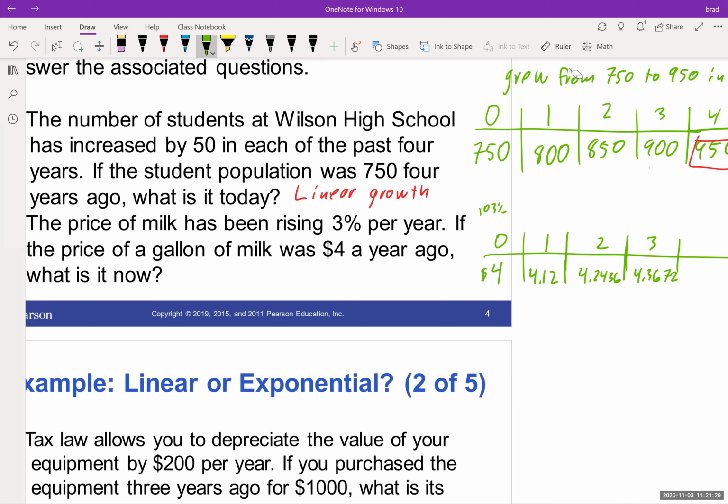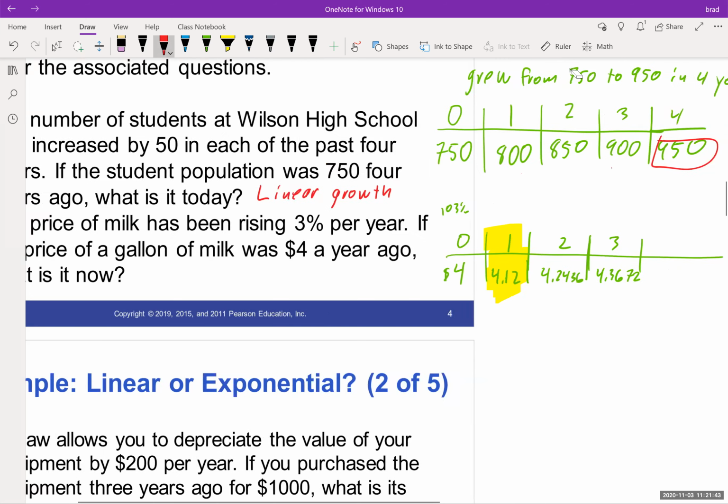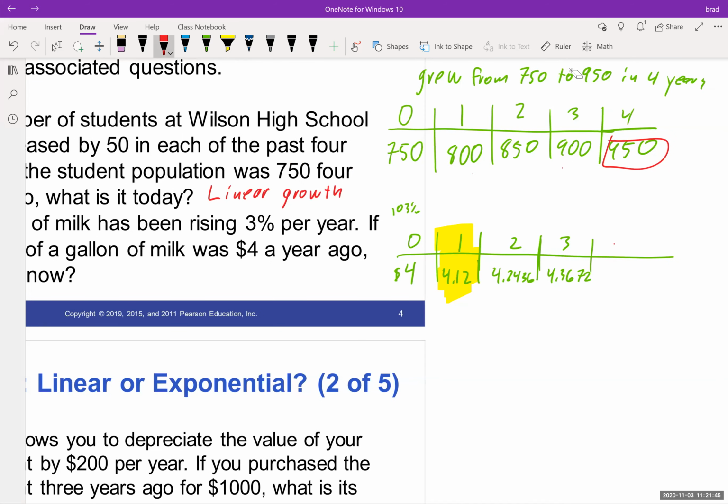Okay, so this is showing right here. And then if I did the next year, the fourth year, I'd get 4.498216.